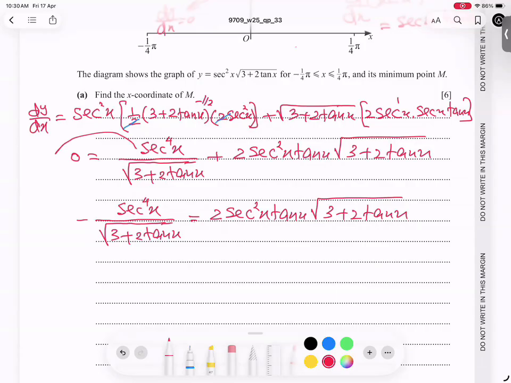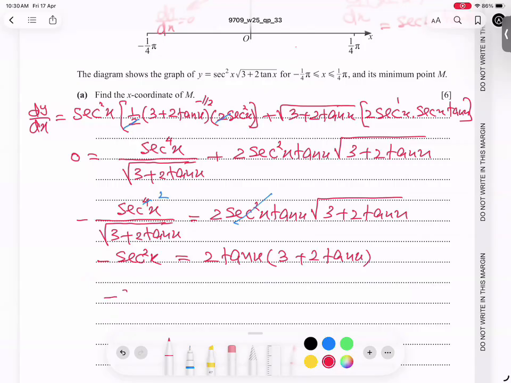This comes to the left side, this multiplies with that, and you know very well root 3 into root 3 gives 3. Secant and secant will cancel, this power will cancel, and we get a 2 here. So we are getting negative secant square x, 2 tan is already available, and I'm getting 3 plus 2 tan x.